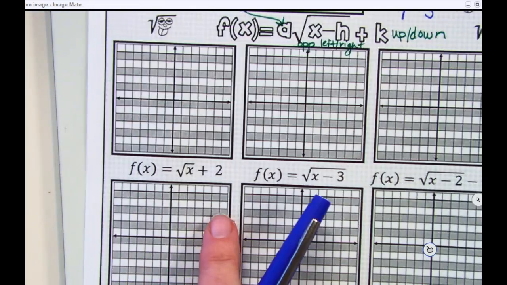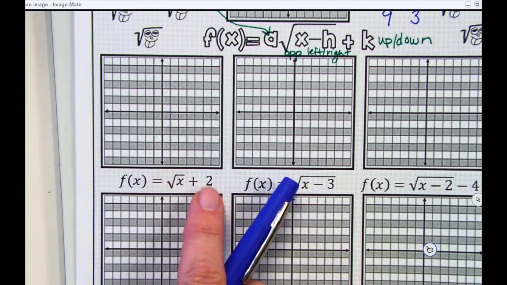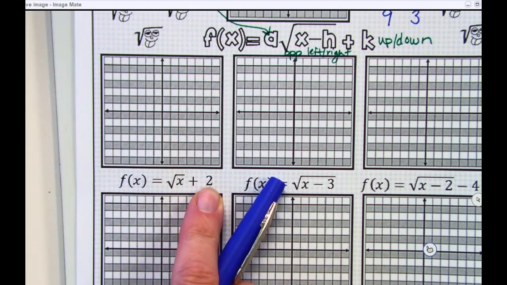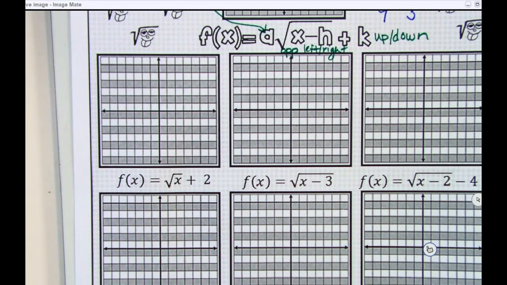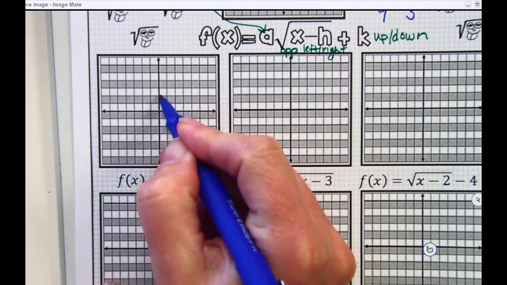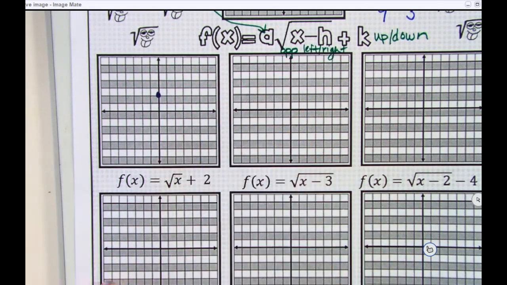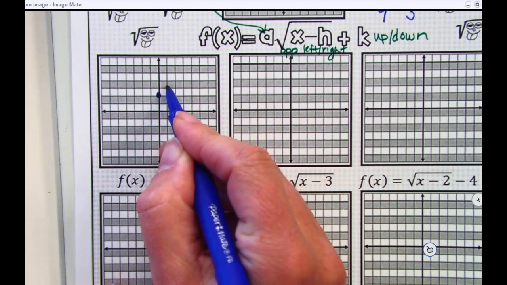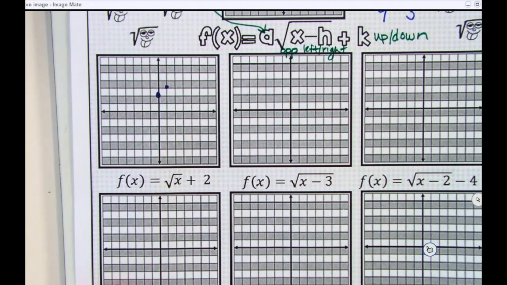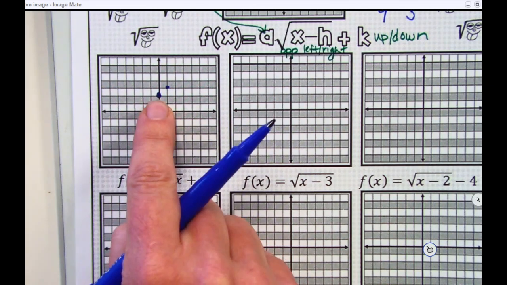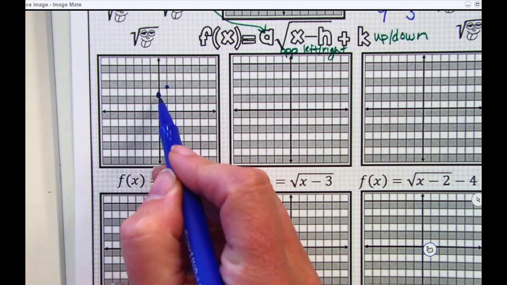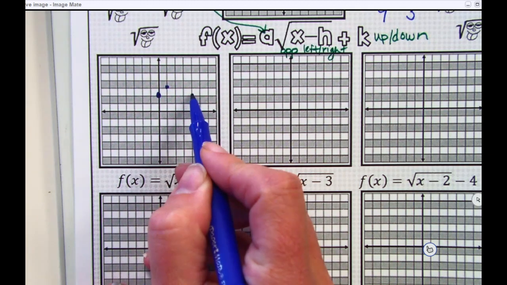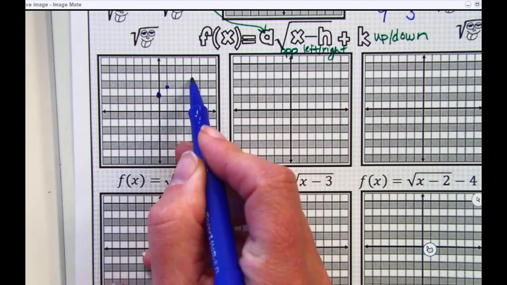Okay, parent function, there it is. What are we doing to the parent function? Moving it where? Which way? Show me with your hands. Yep, up 2. So I take that initial point. There it is, up 2. And if I can remember that pattern, I've got over 1, up 1, and then go back to your initial point for your counting, over 4. 1, 2, 3, 4, up how many? 2.